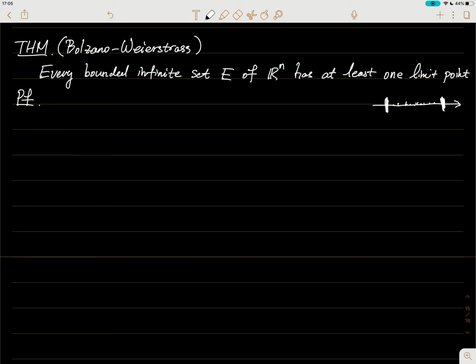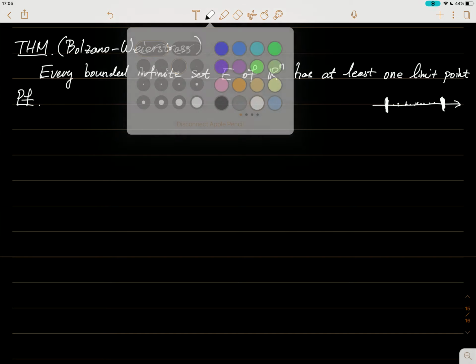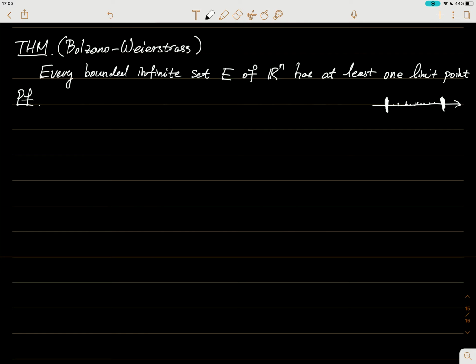The n-dimensional case is super straightforward to do. What you need to do is say, because E is bounded, right? E is bounded means that E is contained in a box. Let me just write it out: [a1, b1] times [a2, b2] all the way to [an, bn].